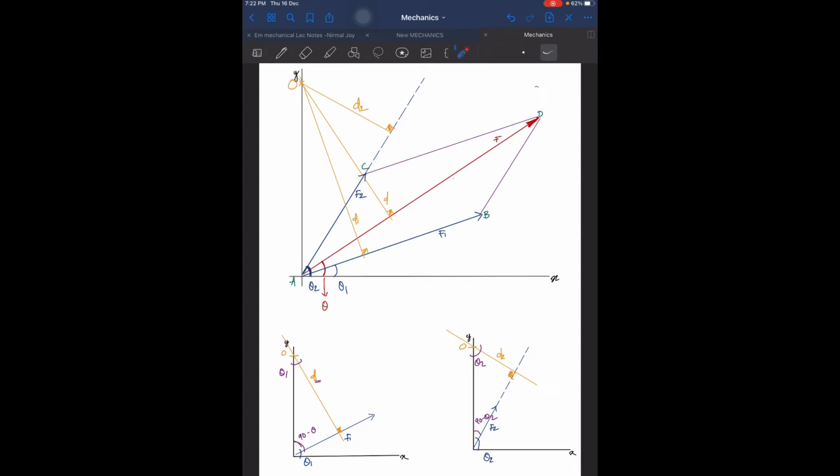So considering this logic, we can mark the angle that D2 makes with the vertical line as theta 2.